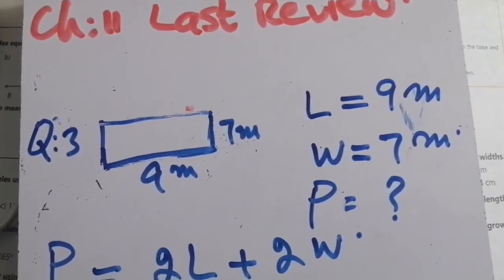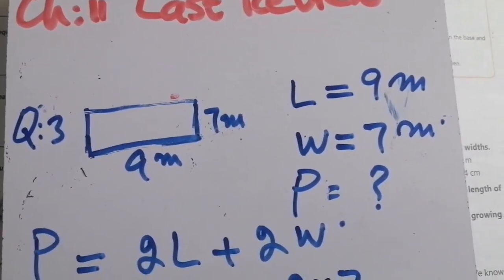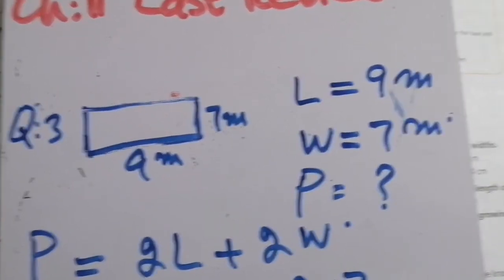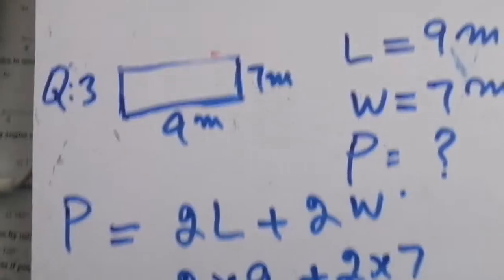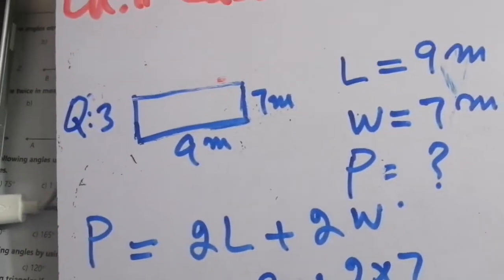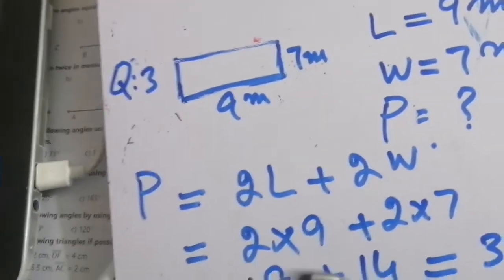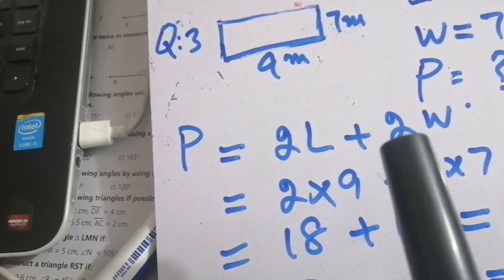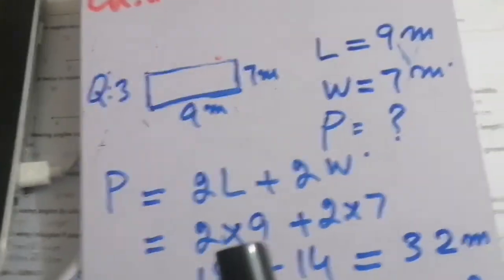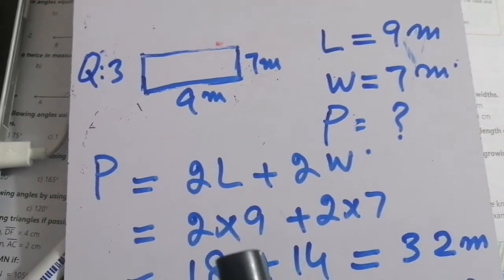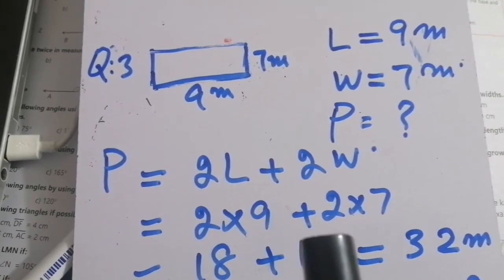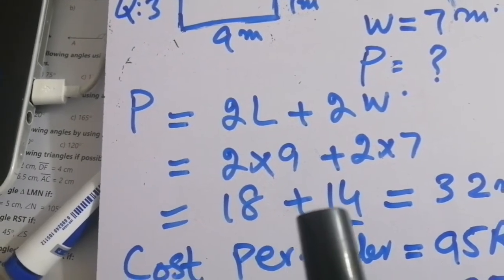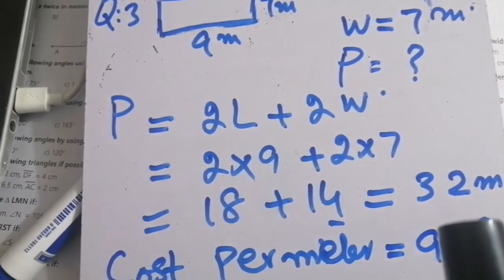Length is 9 meters and width is 7 meters. So we have to find out the perimeter of the rectangle. According to the formula, perimeter is equal to 2L plus 2W. So 2 into 9 plus 2 into 7, that is equal to 18 plus 14, which is 32 meters.